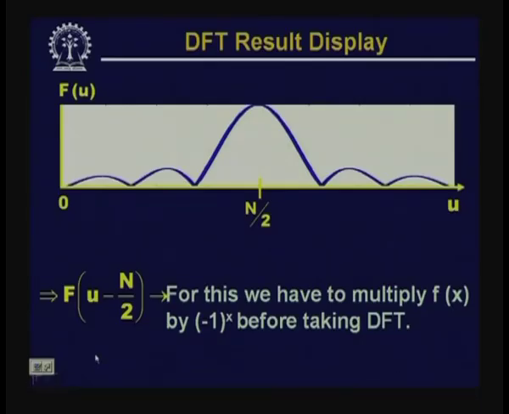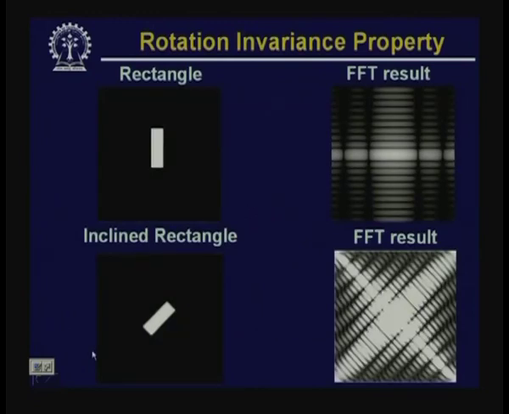So, by rotating an input image by an angle theta naught, the corresponding Fourier transform is also rotated by the same angle theta naught. To illustrate this, let us come to this particular figure.